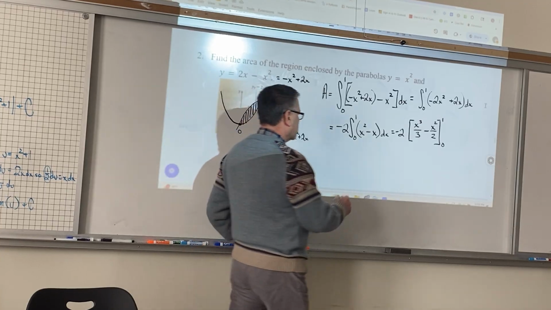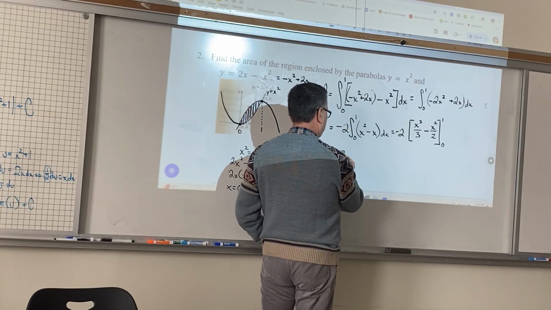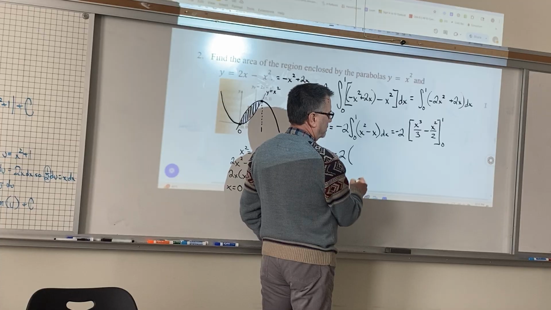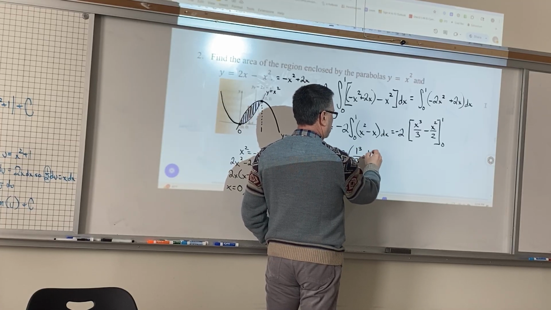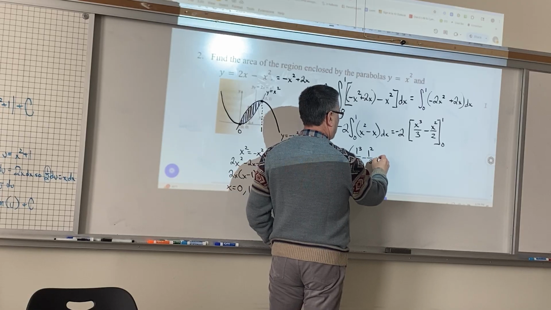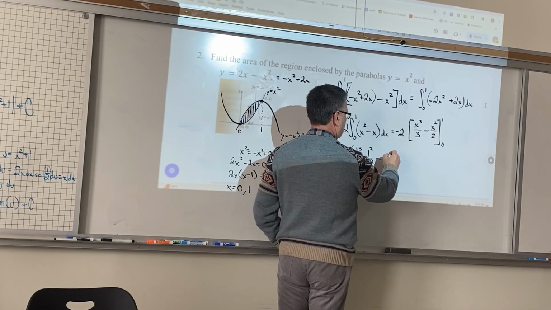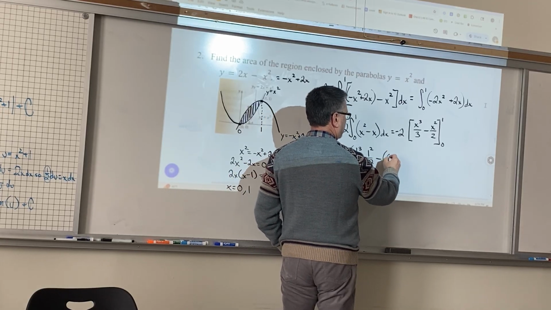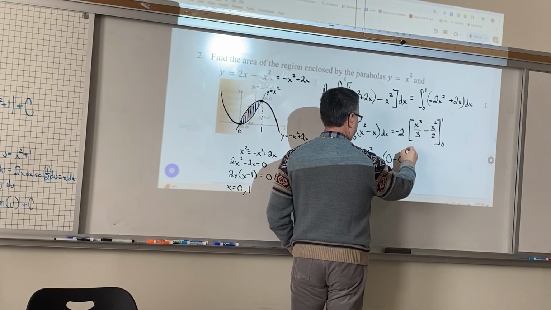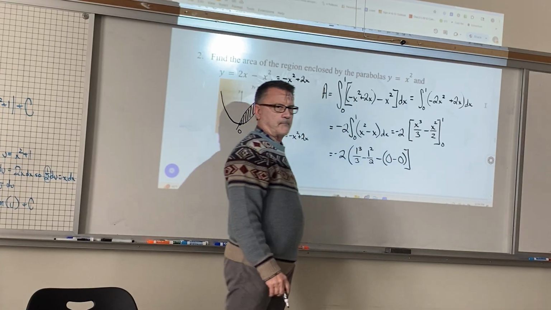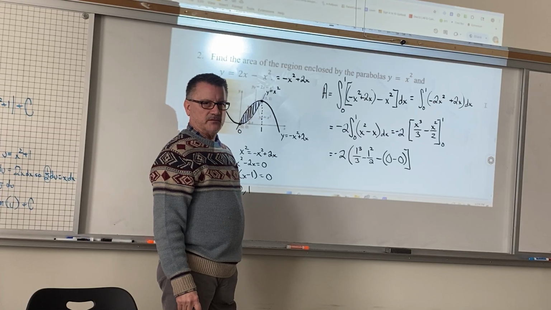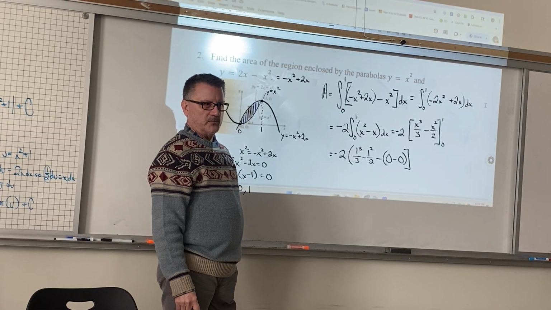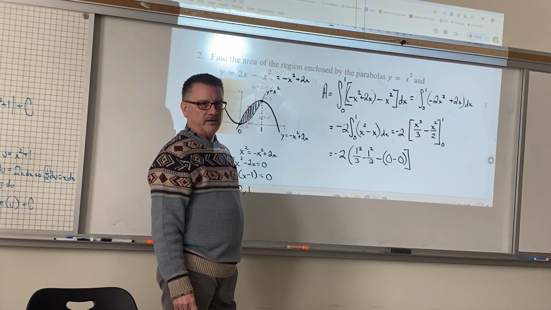Okay, so now I've got negative 2 out here. Let's plug in the 1. 1 cubed over 3 minus 1 squared over 2, minus plugging in the next one, which is 0: 0 minus 0. I guarantee you some of the free responses will be this, where you're plugging in ones and zeros, probably without the calculator.